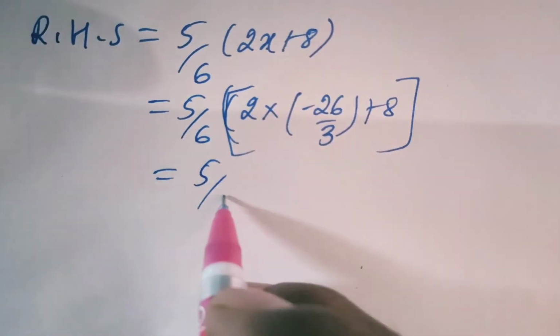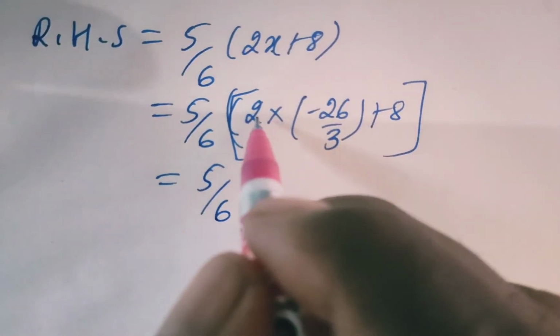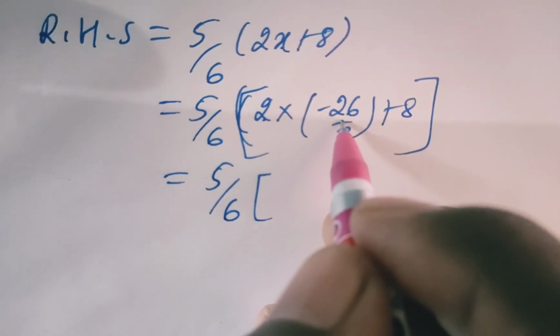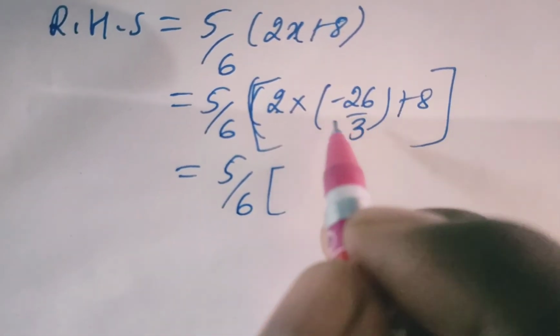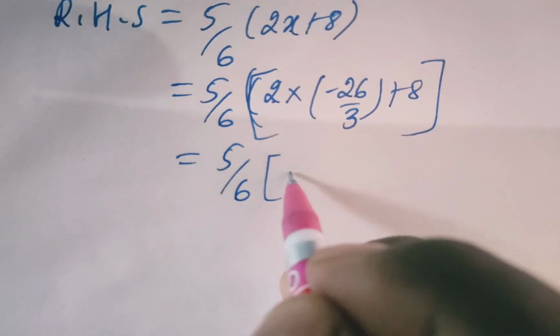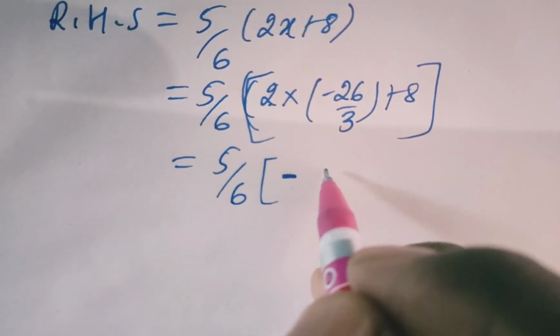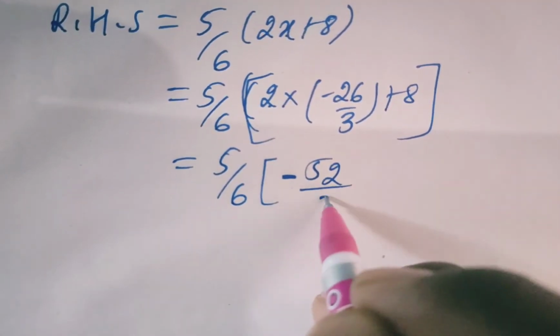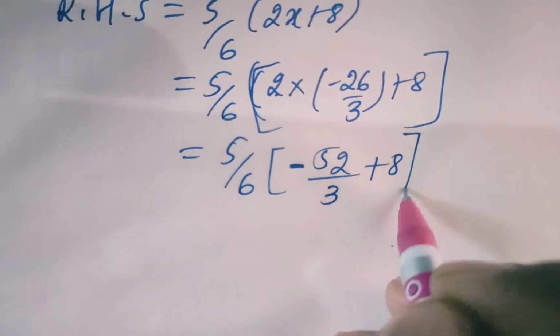Now 5 upon 6. Here also we have to apply BODMAS. First we have to open the bracket. Minus 2 26s are 52 upon 3, plus 8.